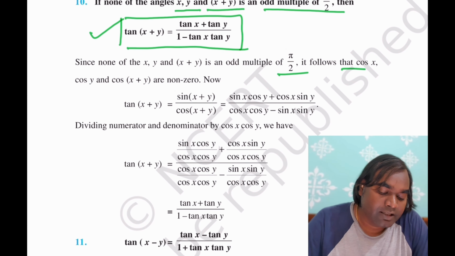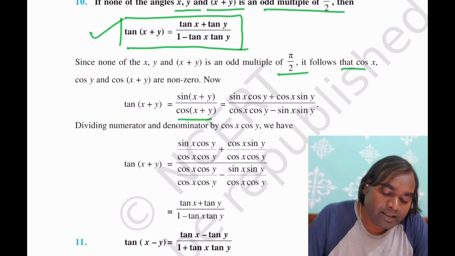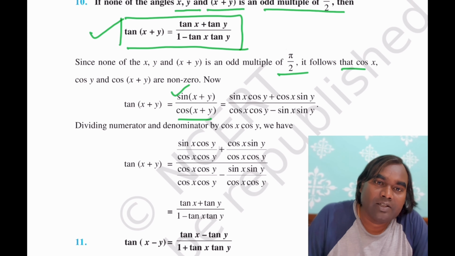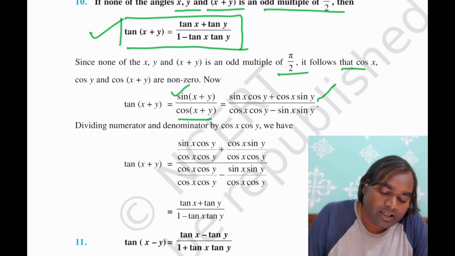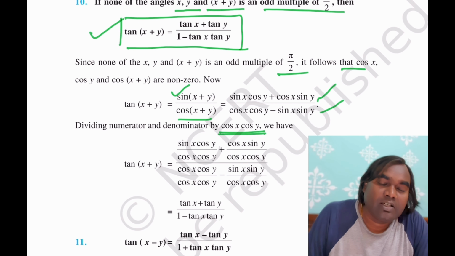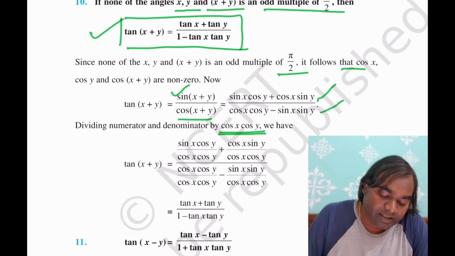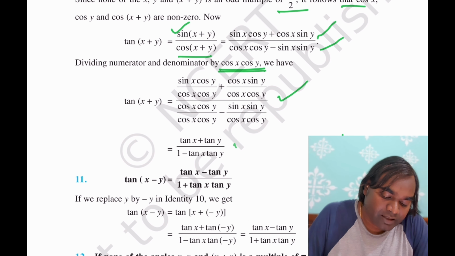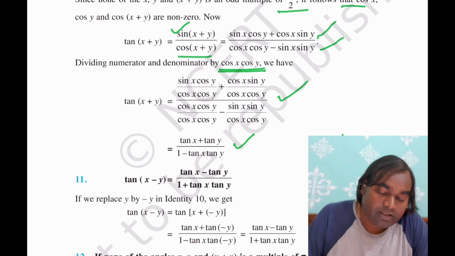So we can write tan(x + y) = sin(x + y)/cos(x + y), and by applying sin(x + y) = sin x cos y + cos x sin y, and cos(x + y) = cos x cos y − sin x sin y, and dividing numerator and denominator by cos x cos y, after simplification we get (tan x + tan y) divided by (1 − tan x tan y).